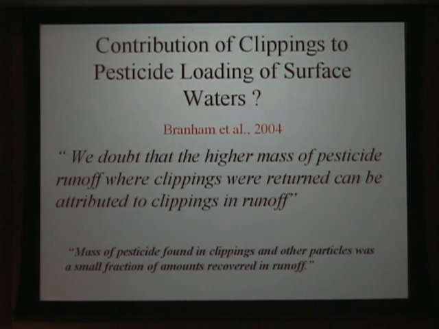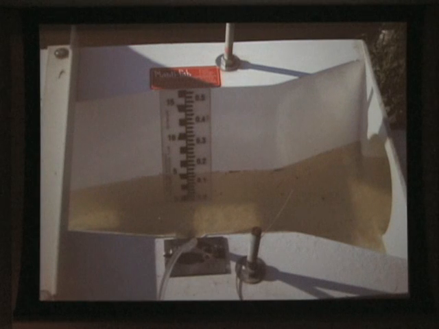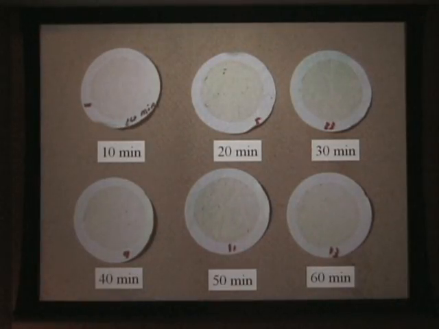One of the reasons I'm pointing that out is that we've got data now where we're actually looking at clippings running off. This is that same picture I showed you. We have that massive runoff event. This is the flume. To give you an idea, there isn't a whole lot of clippings coming out of there. This is the amount of sediment that we're capturing every 5 minutes. We're taking a fifth of a liter sample, straining it through a glass filter, and you can see that there's essentially no clippings within those samples.